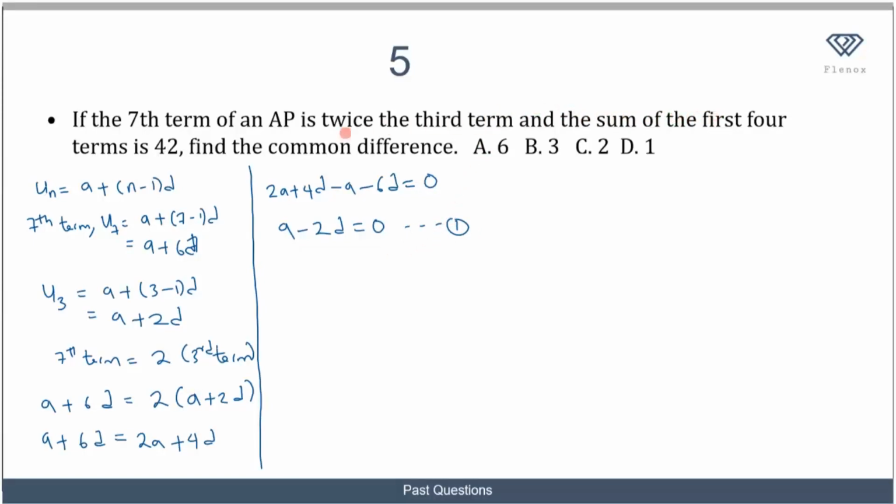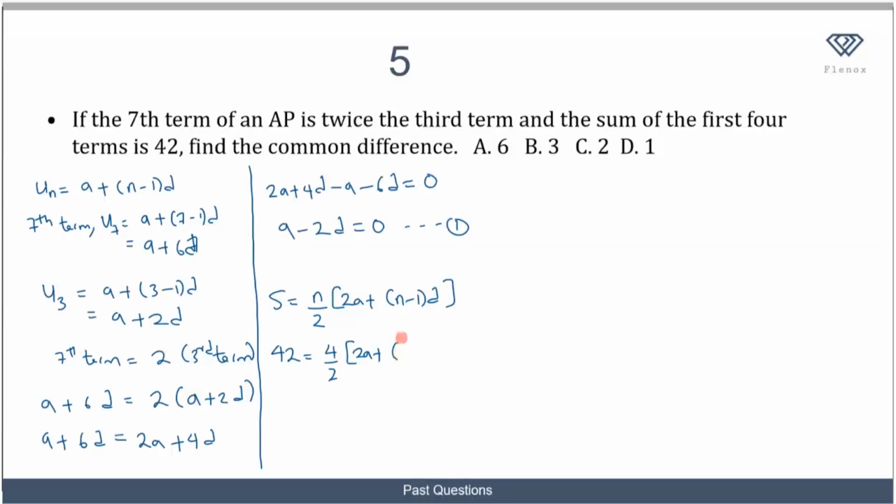Now, I'm also told that the sum of the first 4 terms is 42. So now I know that the sum of an AP is given by n over 2 into bracket 2A plus n minus 1 D. And now I'm told that the sum of the first 4 terms, so when n is equal to 4, the sum is 42. So I can write that what? 42 is equal to the sum of the first 4 terms. So 4 over 2 into bracket, but I don't know my first term.